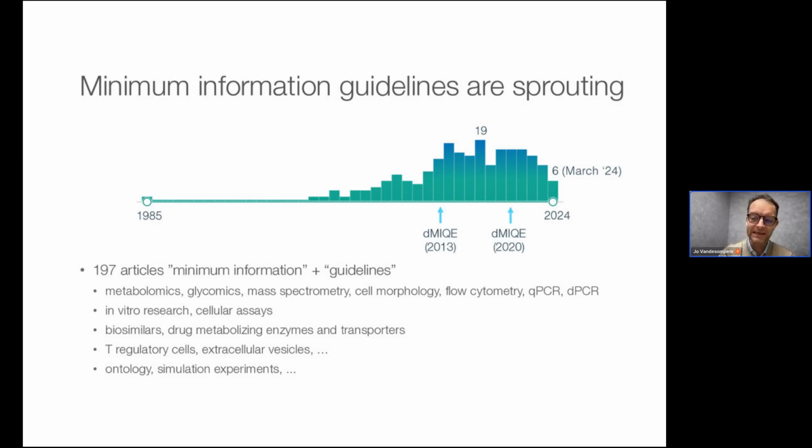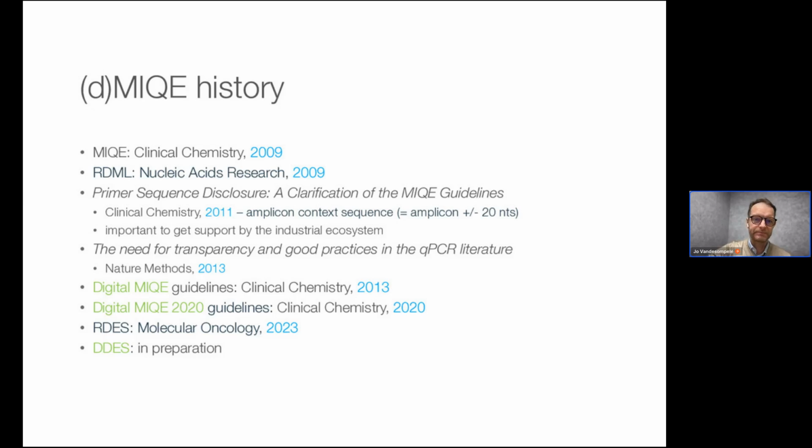In 2013, the original digital MIQE guidelines, and then in 2020, an update of digital MIQE guidelines. So really, it is important, and authors are starting, and scientists, to realize that it's important to come up with guidelines for more informative design, execution, and reporting of, amongst others, digital PCR experiments.